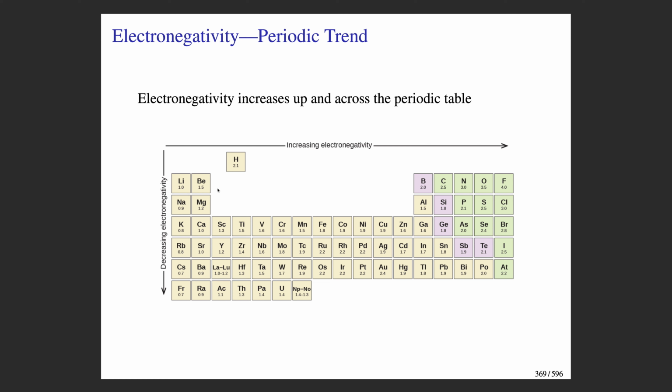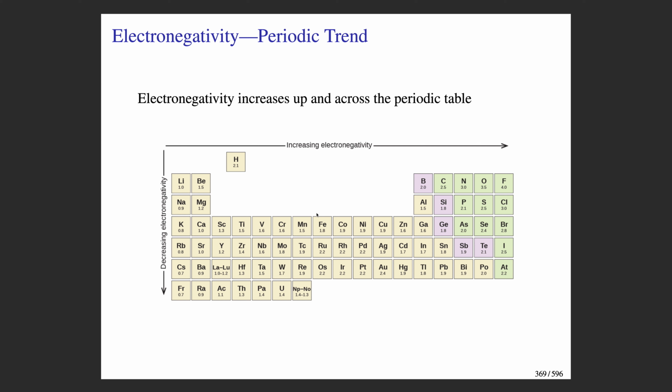So we can think of electronegativity as a periodic trend. It varies periodically to some extent. It decreases as you go down the periodic table, and it increases as you go across the periodic table. Students will often draw a line pointing from the bottom corner of the periodic table to the top corner of the periodic table to tell them how the electronegativity increases.